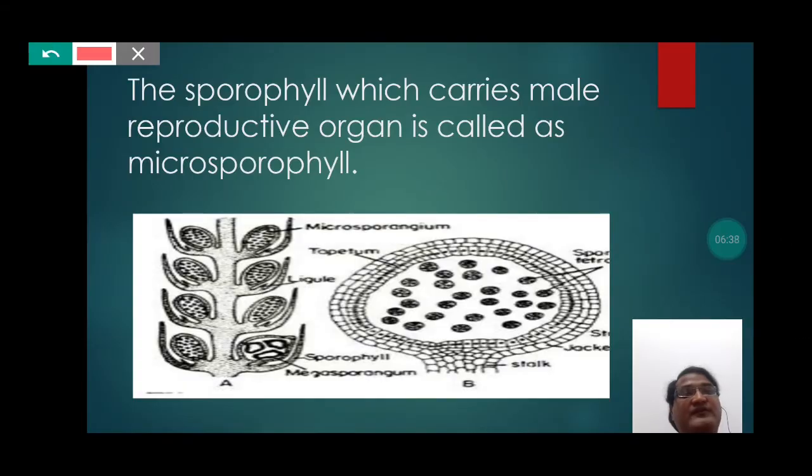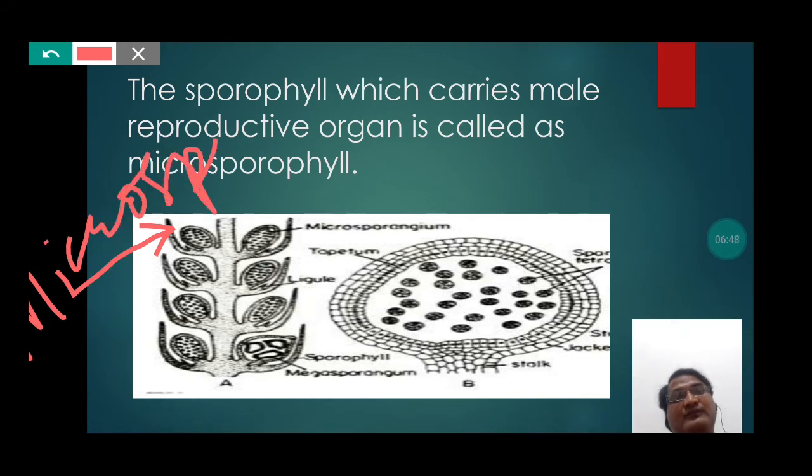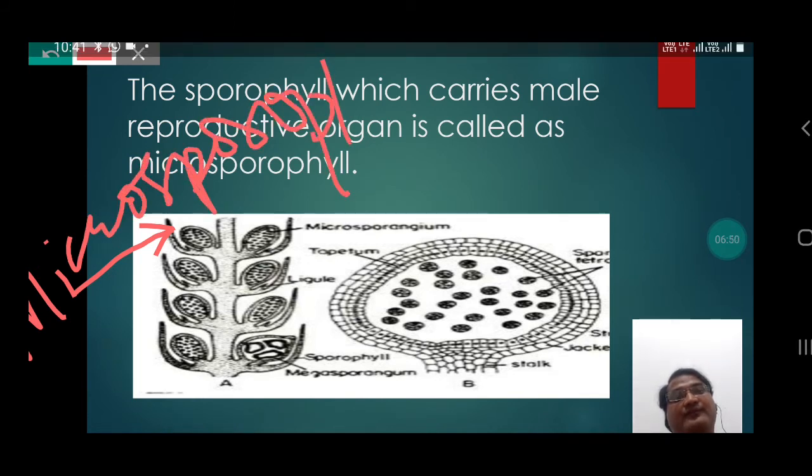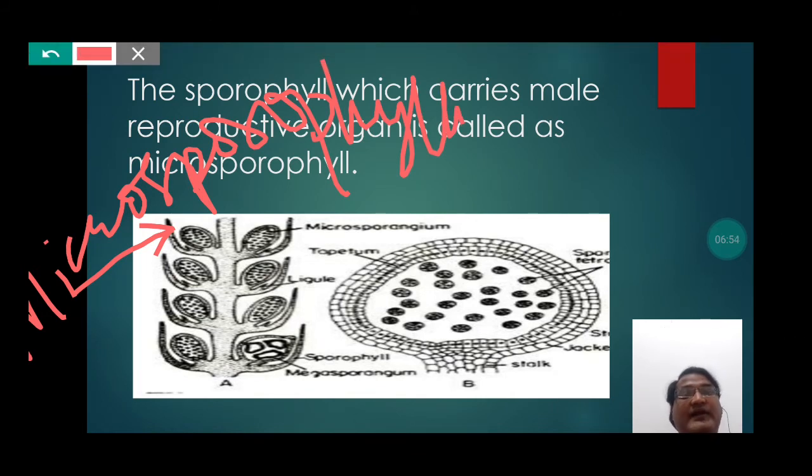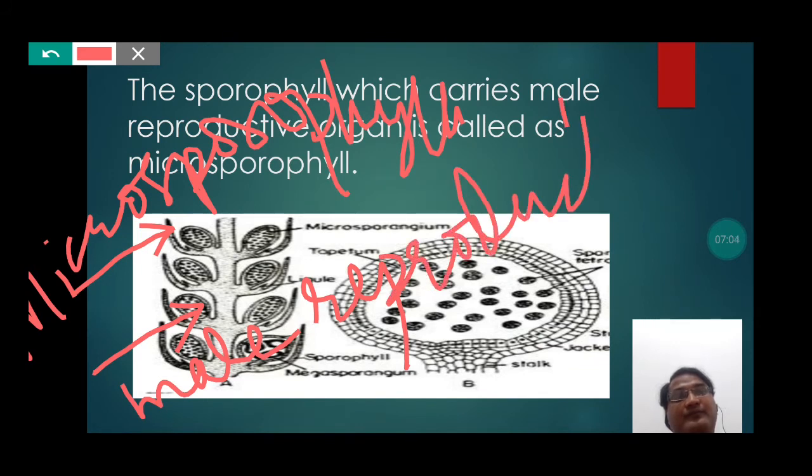Here in this picture, what you can notice is the microsporophyll, and here you can find the male reproductive organ.